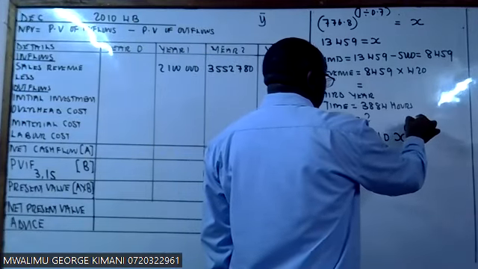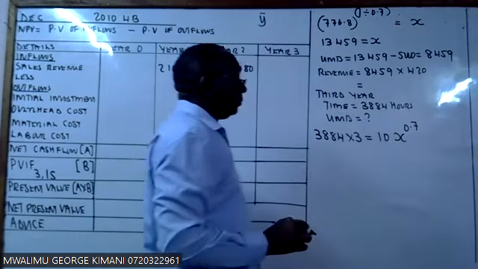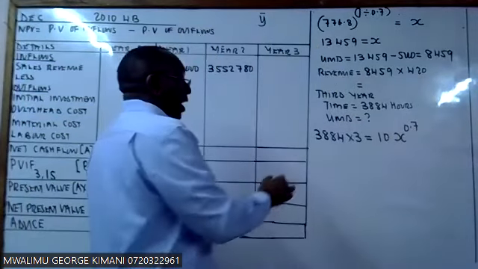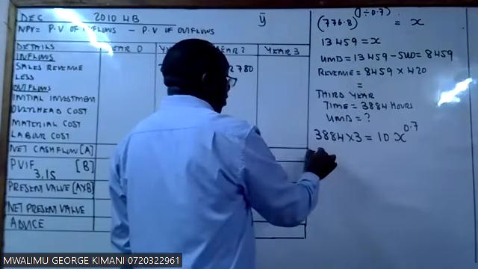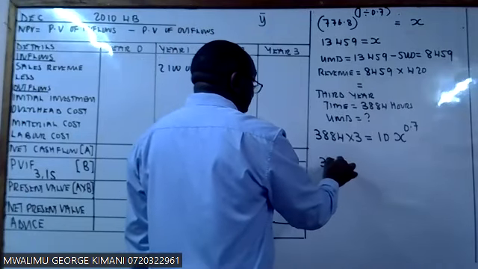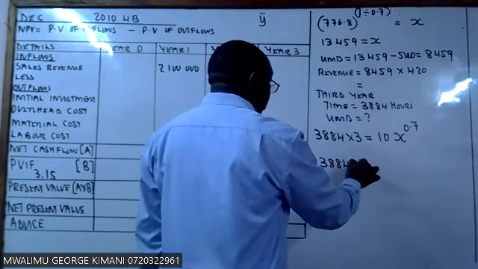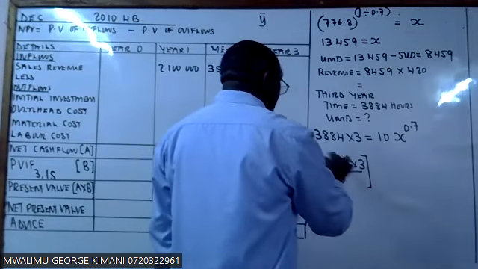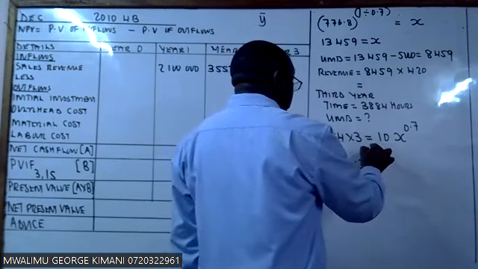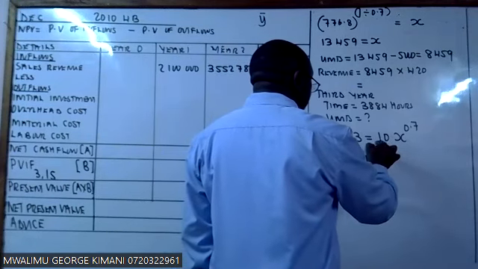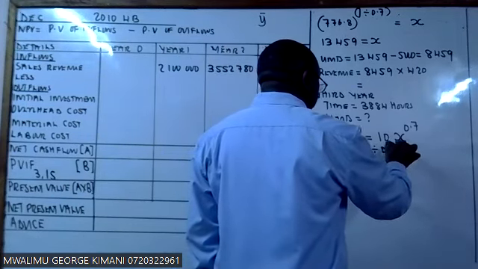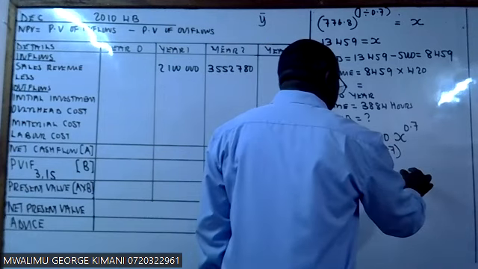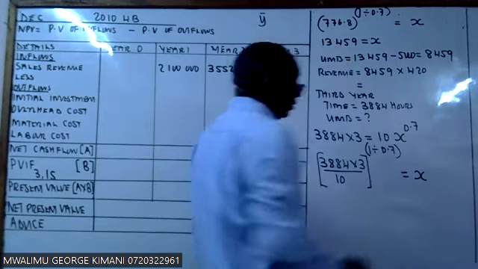You multiply by 3, 10x raised to the power 0.7. And this one we can just go straight now that we know the concept. We say 38.84 times 3, you divide by 10, and whatever you get here, you raise to the power 1 divided by 0.7. And that will give you x.